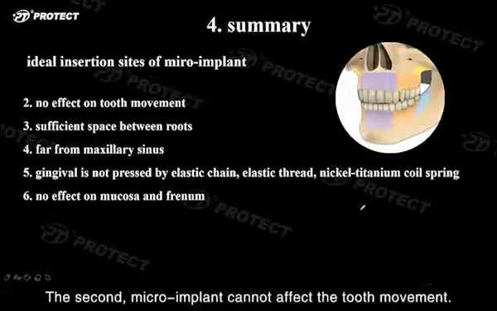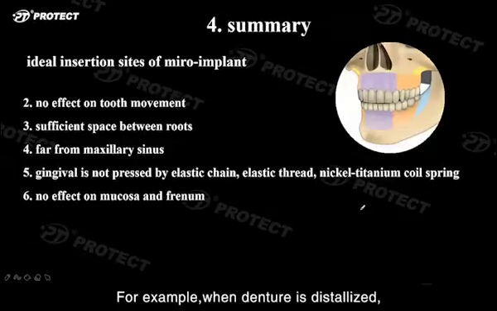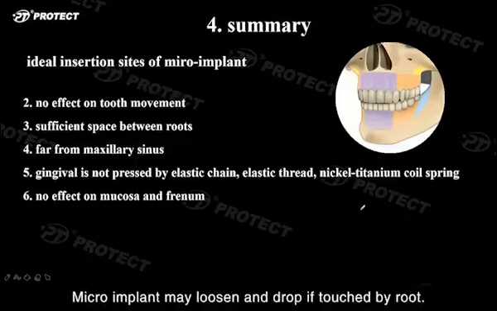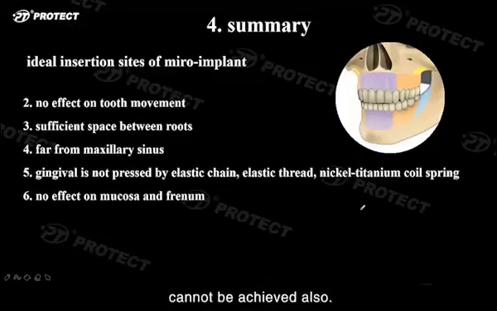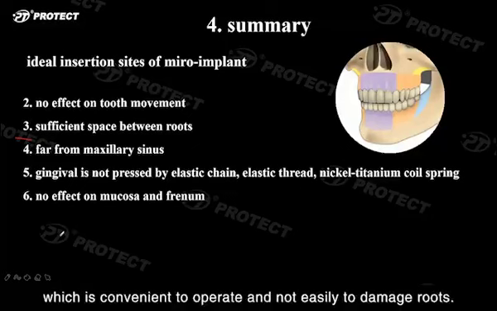The second, the micro-implant cannot affect the tooth movement. For example, when the dentition is distalized, the micro-implant may loosen or jump if touched by the root, and the distalization of the dentition cannot be achieved either. The third, insertion sites need sufficient space between roots, which is convenient to operate and not easy to damage the roots.